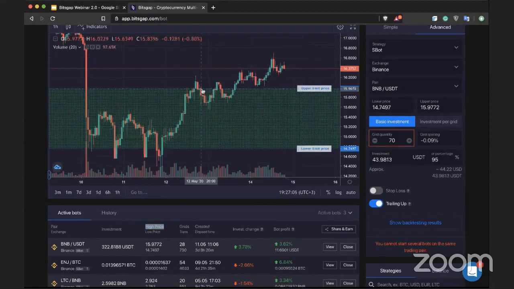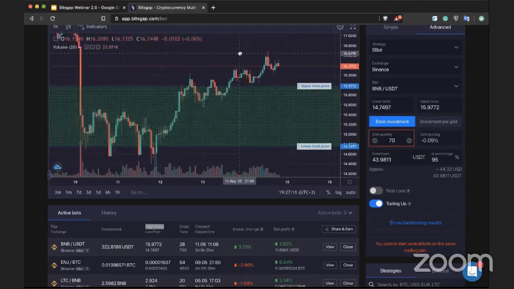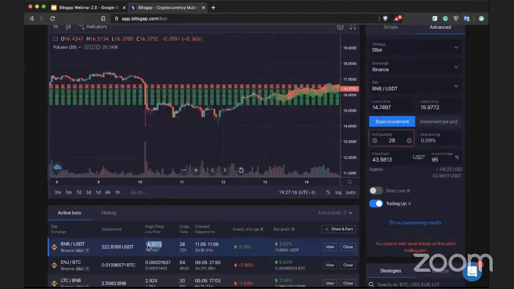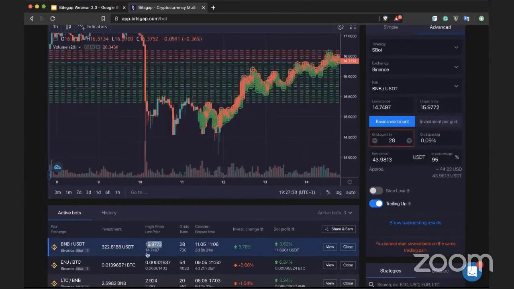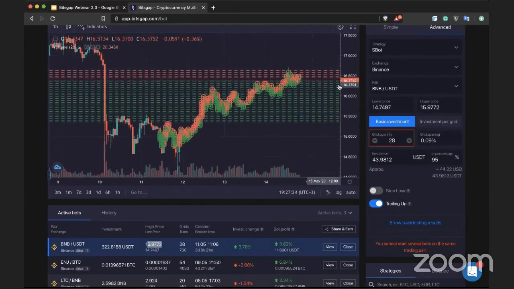So as the price is moving upwards, so does my trading range. All right. So here for BNB trading to USDT, I have the upper limit around 16, all right, and the bottom limit around 15.